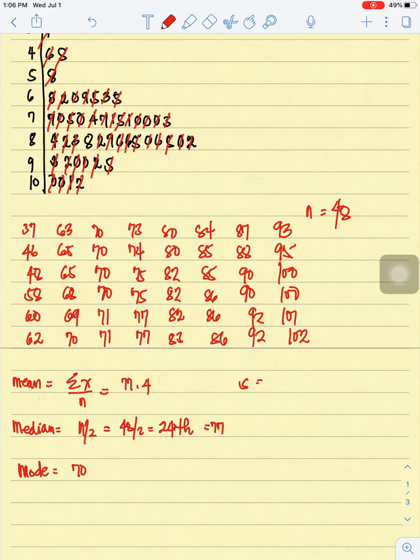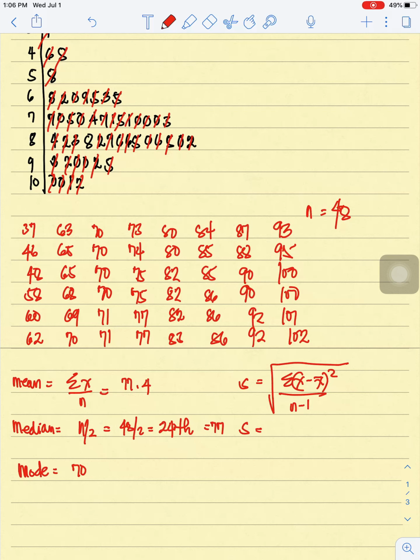Next is the standard deviation. Again, we use our calculator technique: mode 3.1, then input all the values, then shift 1, 4, 4. The formula for standard deviation is the square root of the summation of x minus x bar squared over n minus 1. Of course I use the calculator technique.